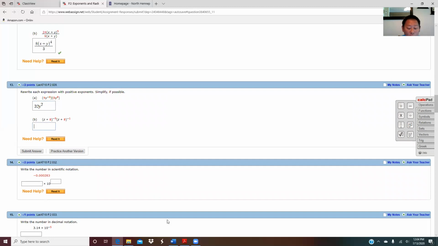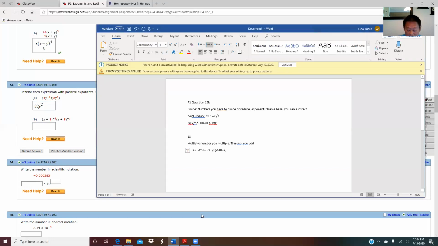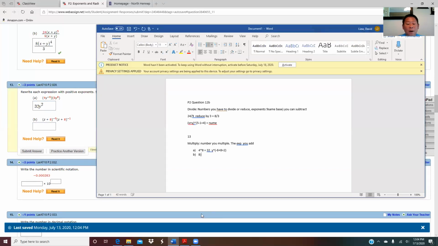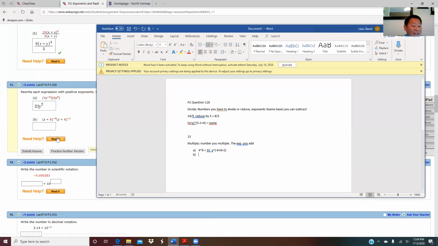Question B is easier because they have exactly the same base, which is z plus 8. Then for the powers, again you add them.